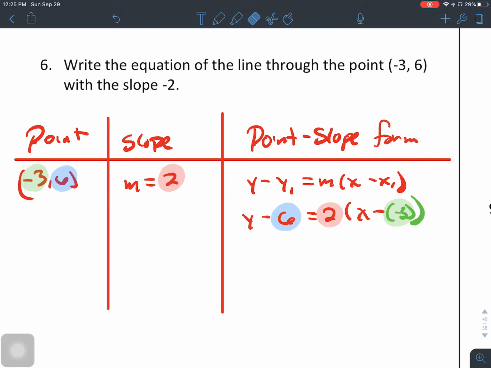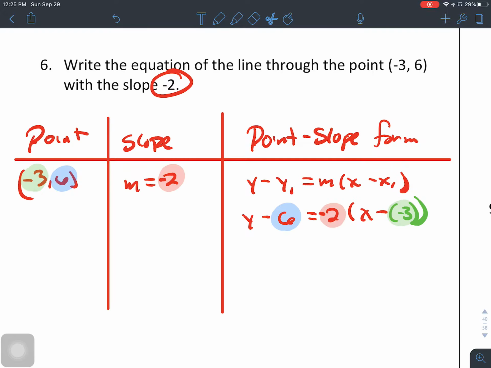Let me rewrite my 3 better. My 3's continue to get lazier and lazier. We can stop. I'm sorry, I made a mistake here. My apologies. The slope's a negative 2, and I wrote positive 2.